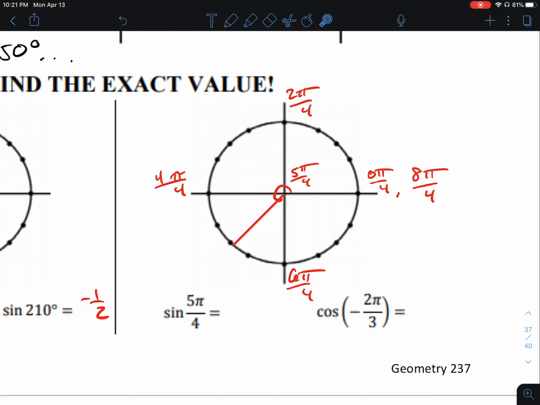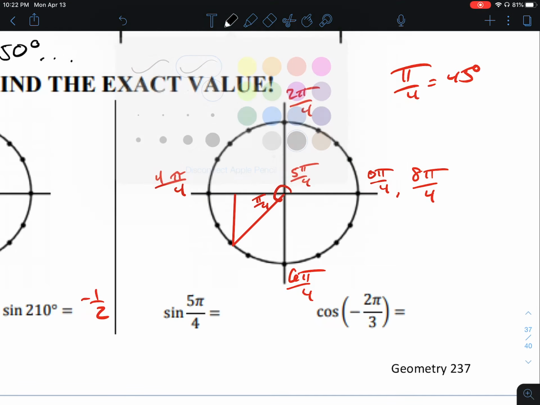How much further is 5 pi over 4 than 4 pi over 4? It's pi over 4 further. What is pi over 4? Pi over 4 is the same thing as 45 degrees, because this is 180 divided by 4. 180 divided by 4 is 45. This reference angle is 45. This is a 45, 45, 90. In a 45, 45, 90, both the legs are the same.